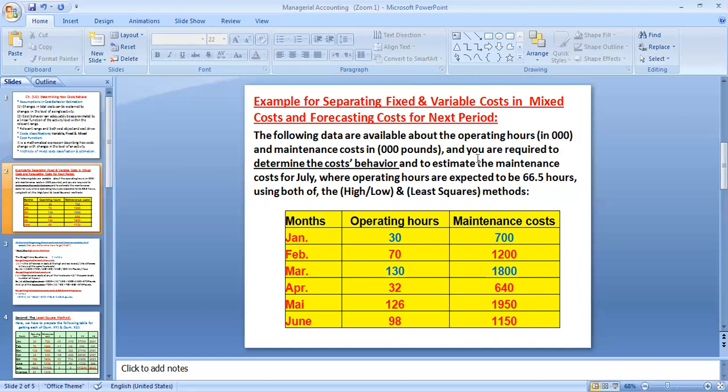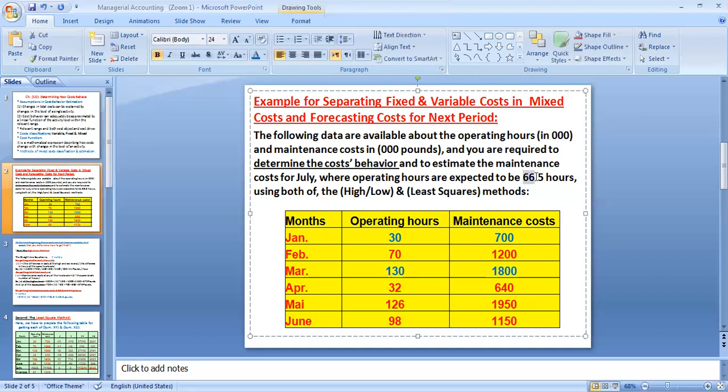He told me you are asked to forecast the cost at 66.5 hours. Is 66.5 inside the relevant range? Yes, because the lower limit is 30, the higher limit 130. So if you want me to calculate or forecast for 30, 40, 50, up till 130, I can.